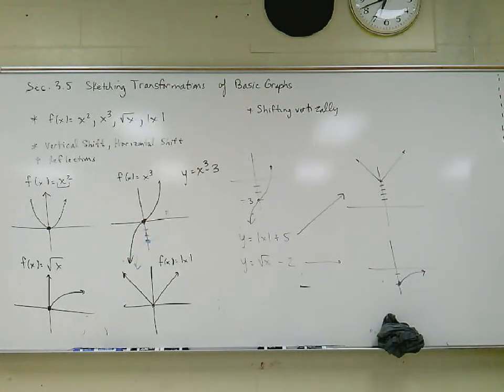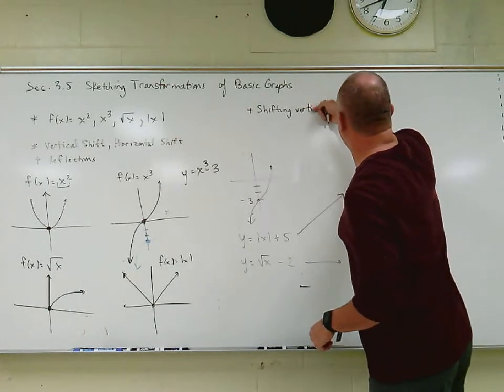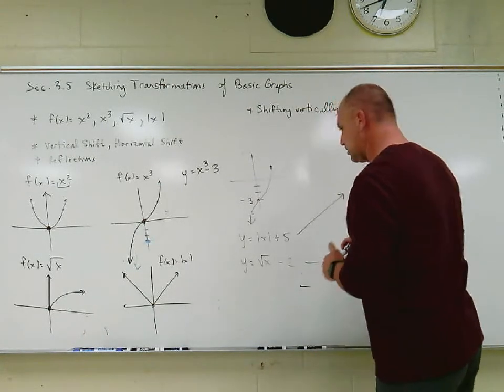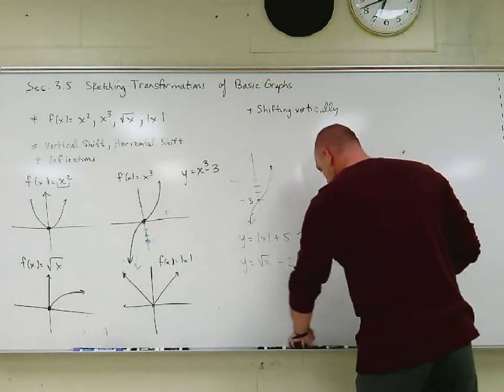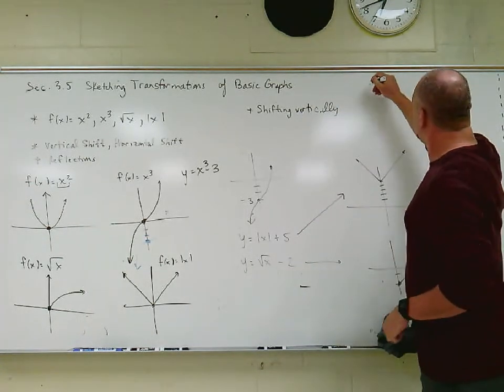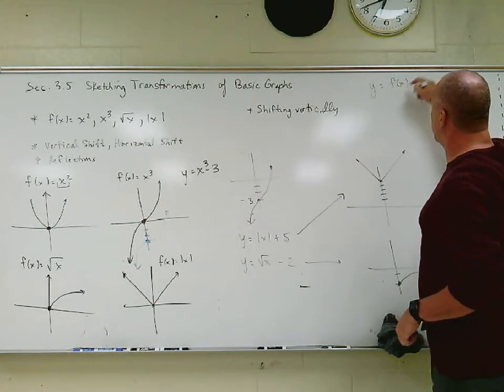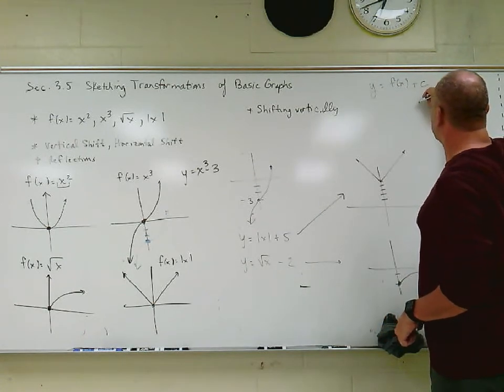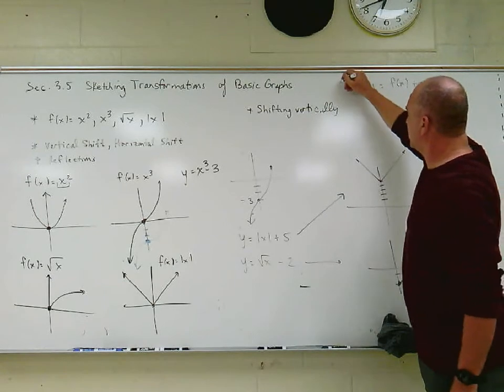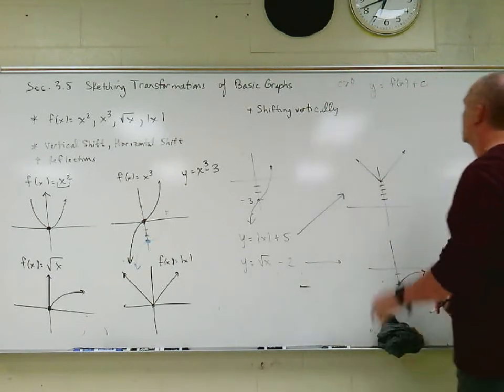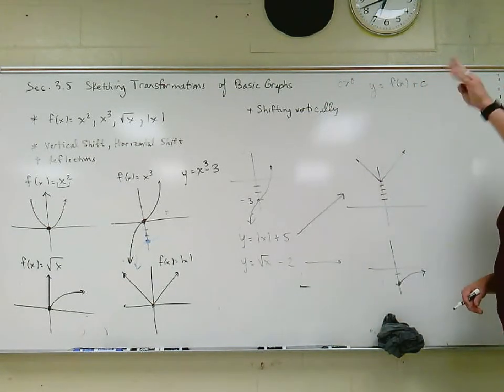Okay? So now let's generalize. Let's generalize vertical shift. If I have whatever function it is, if I do plus C, let's just assume C is a positive number, because I'm trying to generalize it for any graph.